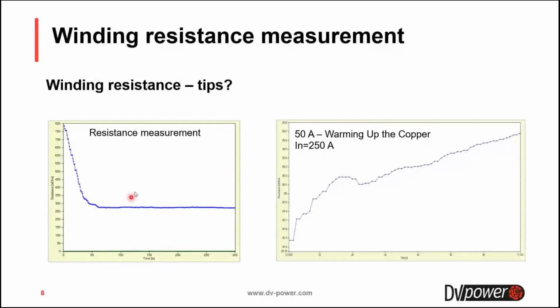Here we can see that the resistance at the start of the measurement is about 800 milliohms, and after 50 or 60 seconds we get a stable reading. If we stop the measurement before 50 or 60 seconds, we will get incorrect results.